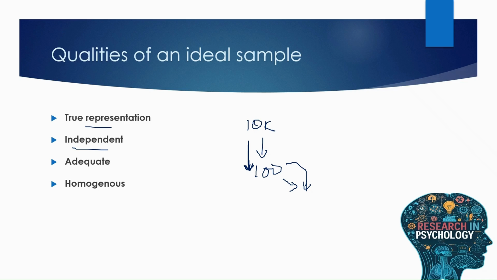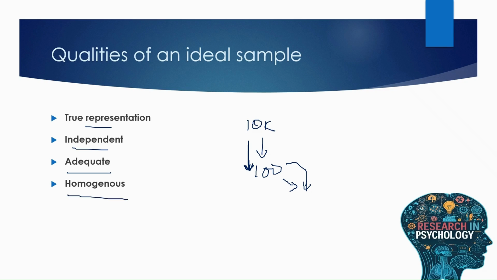Thirdly, adequate. Matlab, the sample size should be adequate. If the sample size is too large, even then it would be a problem. If it is too less, even then it would be a problem when you are performing statistical analysis. So the sample size should be adequate enough for you to be able to conduct the study and generalize the results.